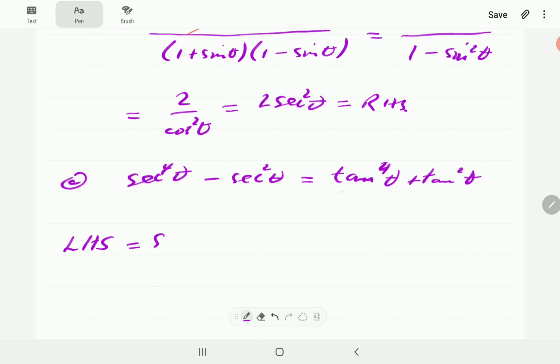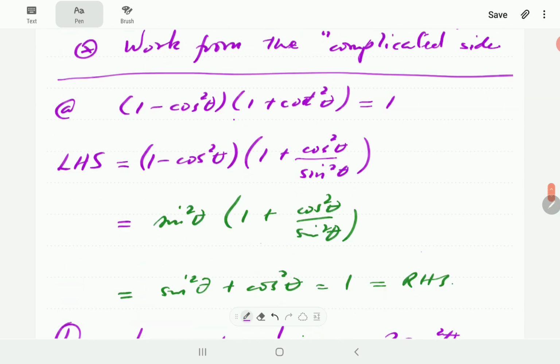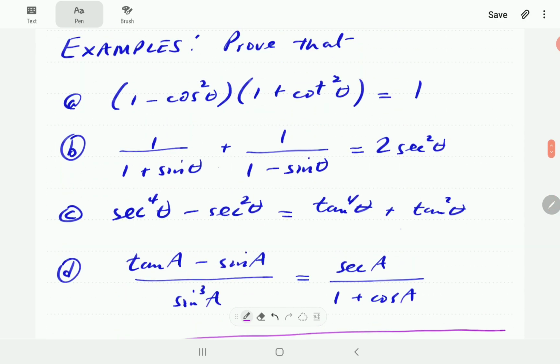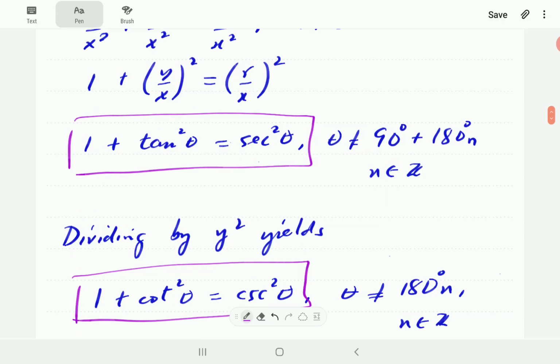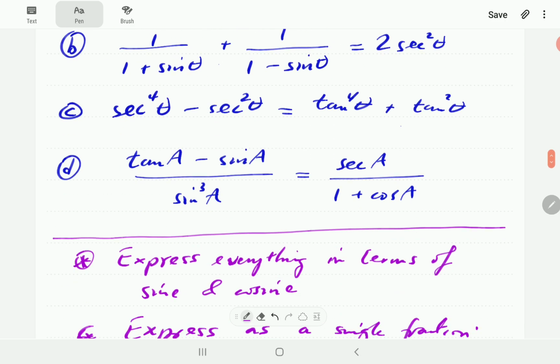First thing we can do is factor out secant theta squared, and then this is going to be secant squared theta minus 1. Then going up to one of the formulas that we derived here, if you take 1 to the other side, then we're going to have tangent squared theta is secant squared theta minus 1.